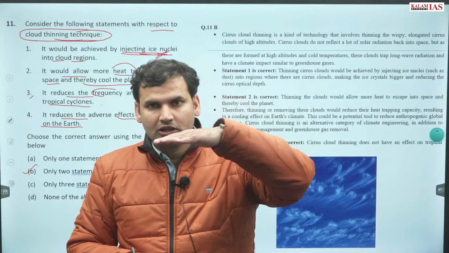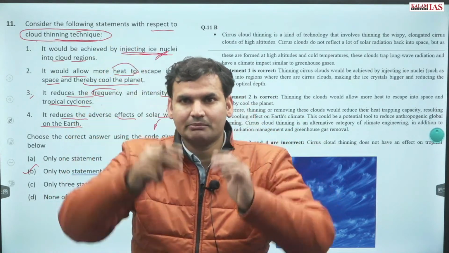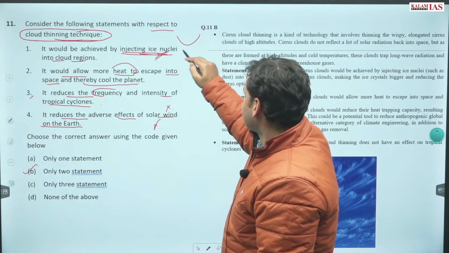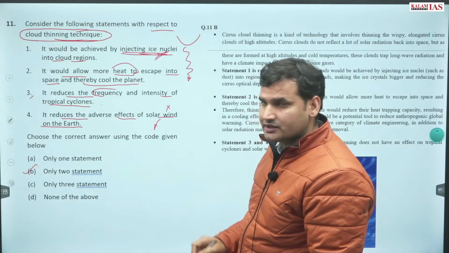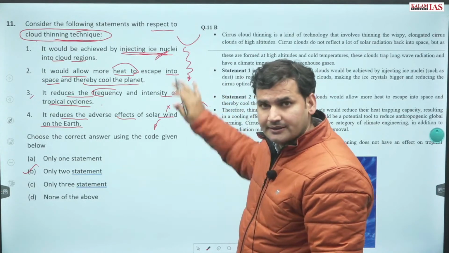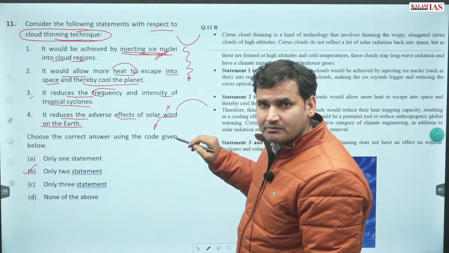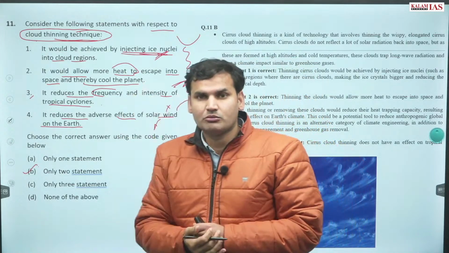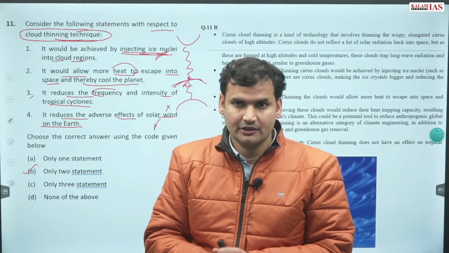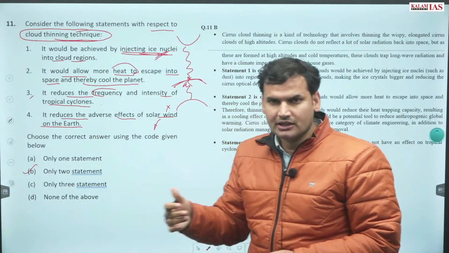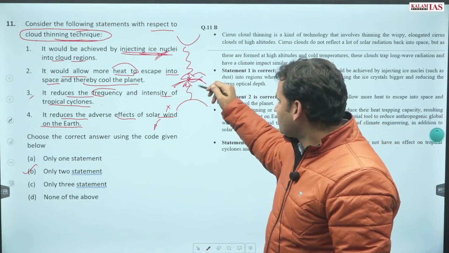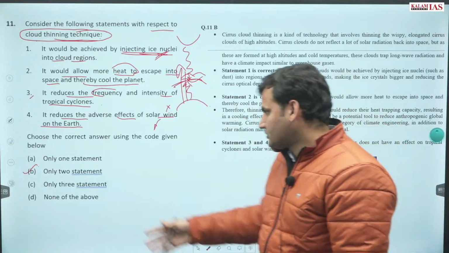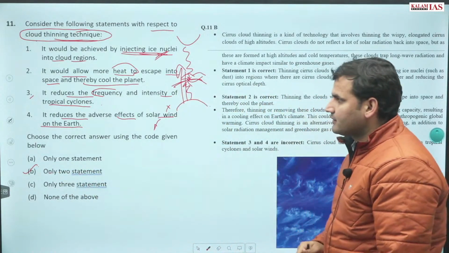When there would be no cloud cover, heat would easily escape out. All of us are aware there is insolation in the form of shortwave radiation, but once it reaches the earth, there is trapping of the same. How does heat leave the earth? In the form of long wave radiation, and it is trapped mainly by the greenhouse gases. Think, if there are no clouds, the same can easily be removed. So only two statements are correct over here.